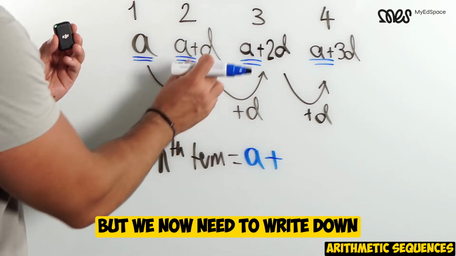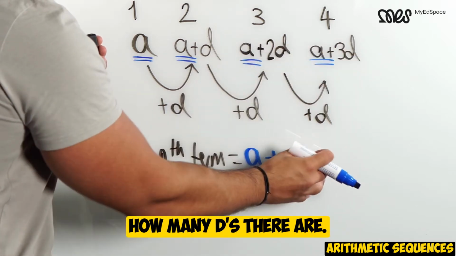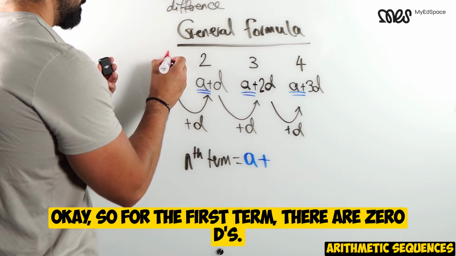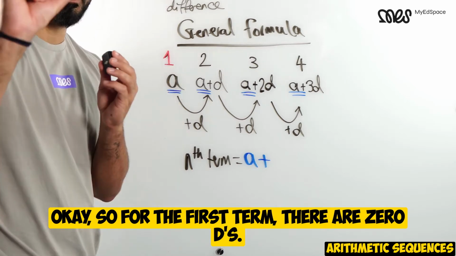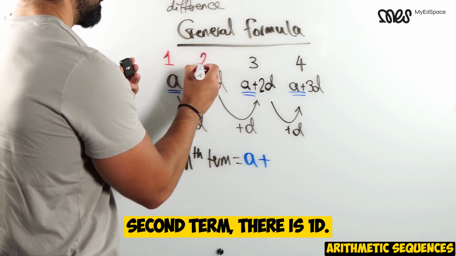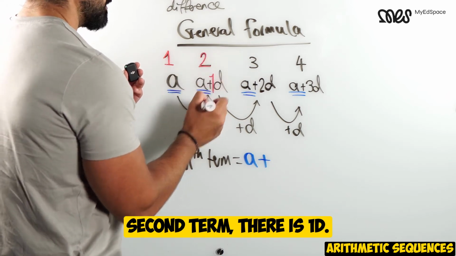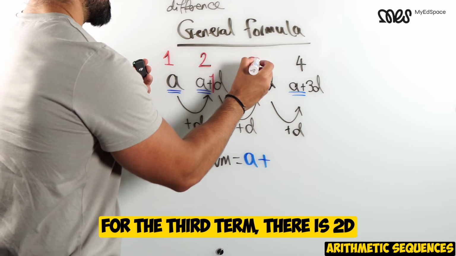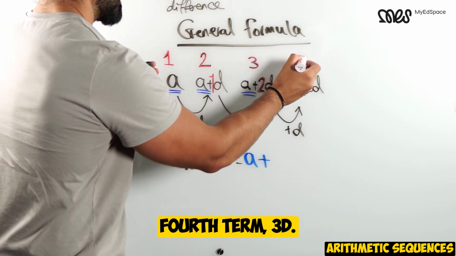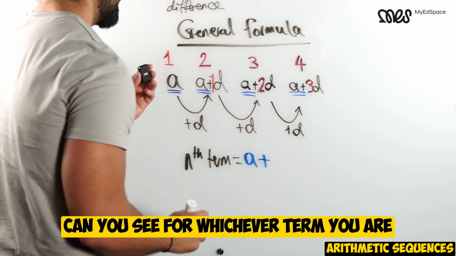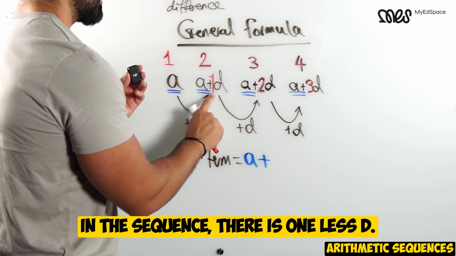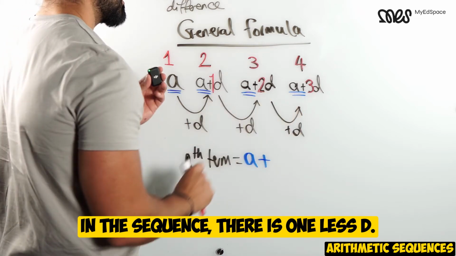But we now need to write down how many D's there are. For the first term, there are 0 D's. There's nothing there. For the second term, there is 1 D. For the third term, there is 2D. Fourth term, 3D. Can you see? For whichever term you are in the sequence, there is 1 less D.